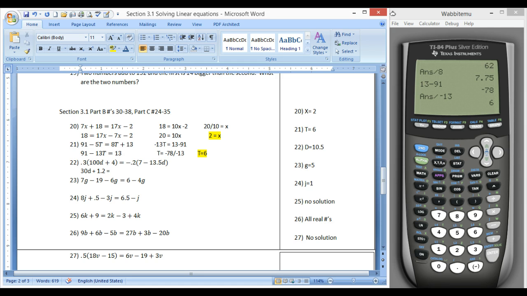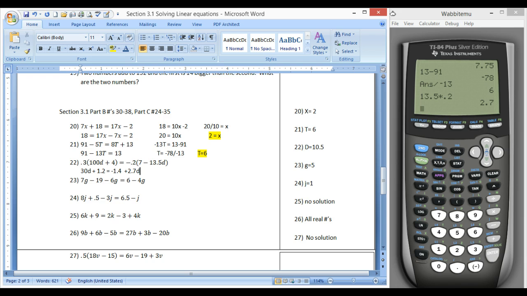Okay, then over here I have negative 0.2 times 7, so it's still going to be negative because a negative times a positive is negative. 2 times 7 is 14, but I have one decimal place, so it's 1.4. And then in this one I have a negative, so this gives me a positive. And then I have 13.5 times 0.2, which is 2.7d.